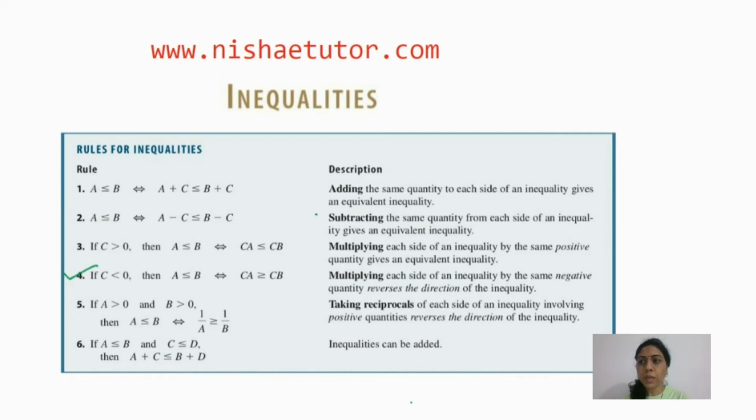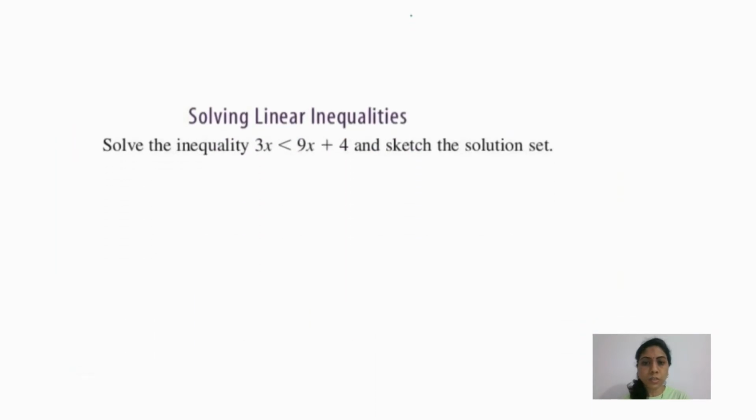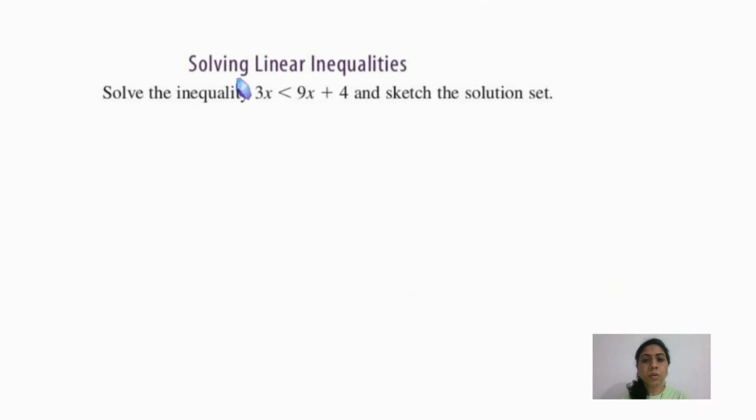Now we can start this question: solving linear inequalities. This is a linear inequality, and we solve for x and sketch the solution set. You can imagine this inequality is just like an equation.